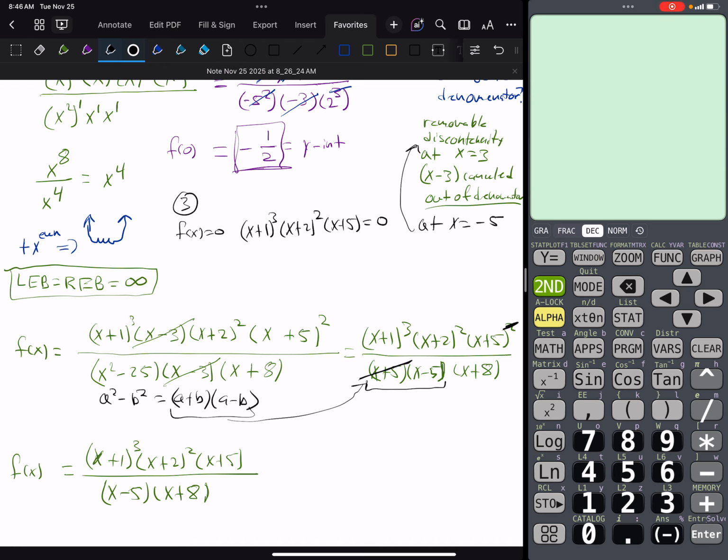And I can, by inspection here, say that I have x equals negative 1 multiplicity 3, or x equals negative 2 multiplicity 2, or x equals negative 5 multiplicity 1 for my 3 zeros here.